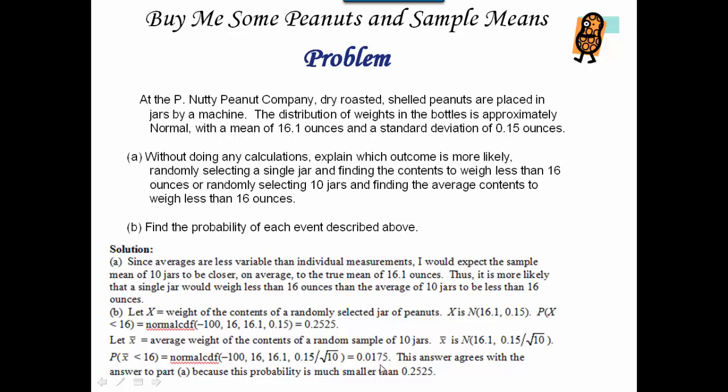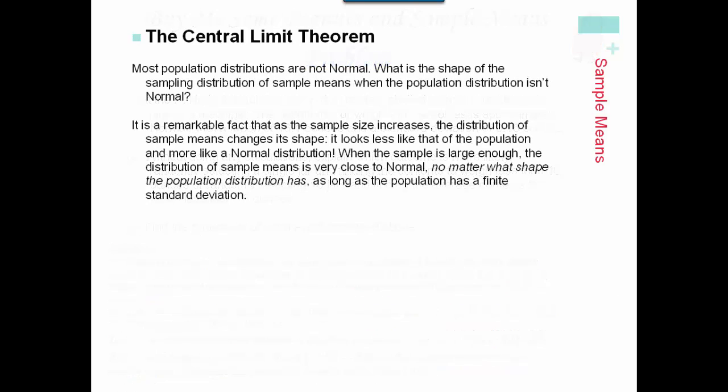So we get 0.0175. This answer agrees with part A because the probability is much smaller than the 0.2525 that we got originally for the individual jar versus the average of 10 jars.